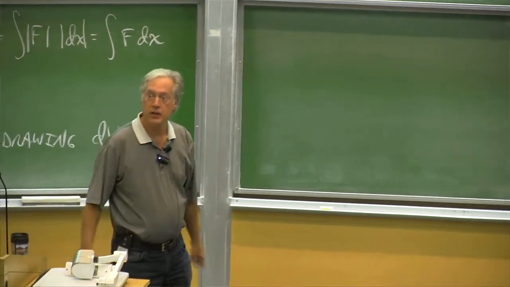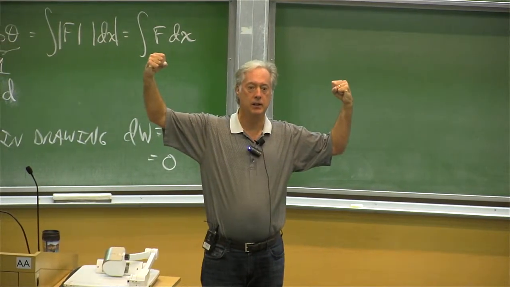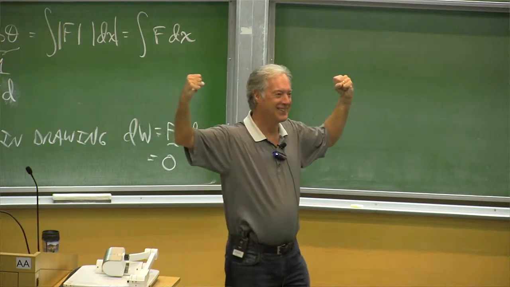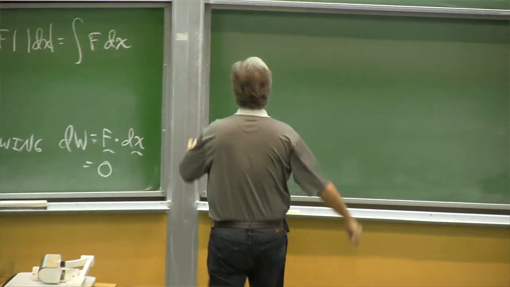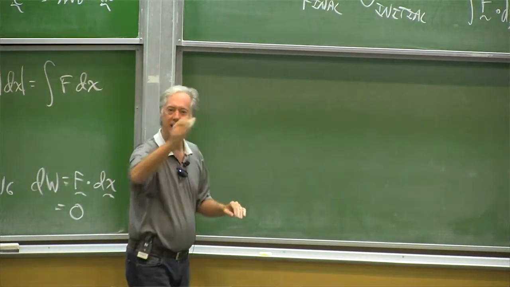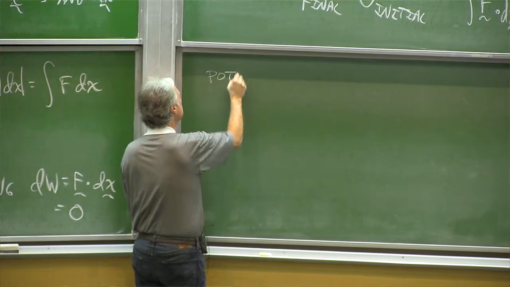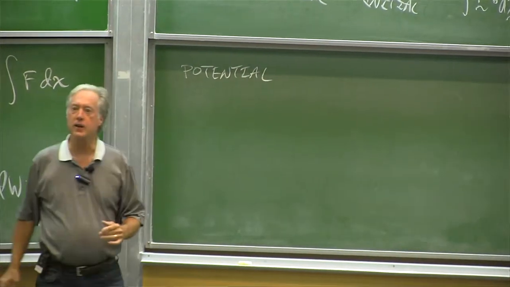And now I want to think, remember, what did we say we were going to talk about? Potential. Potential, right? Okay. So now potential. This is potential energy, right? Potential is a term of art.